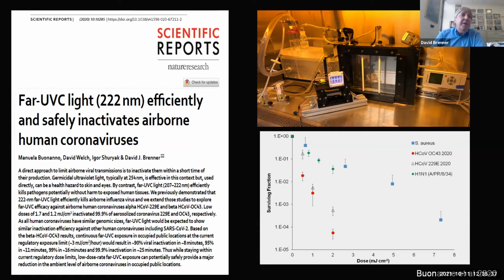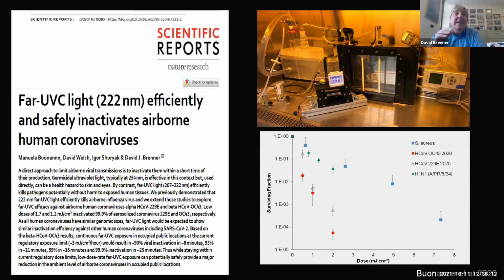On the left, we generated an aerosolized flow of these coronaviruses, and then we flowed them across this irradiation chamber here. And here's a Far-UVC lamp, which I turned towards the camera just so you can see it, but in the experiment, it would be facing that window. So the viruses flow across this window, and we collect them in a collector at the far end, and then we assay whether they are active or inactivated, alive or dead, essentially.